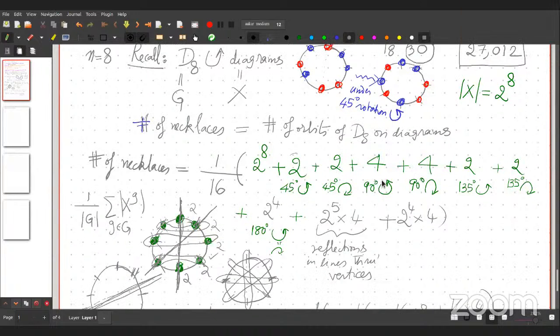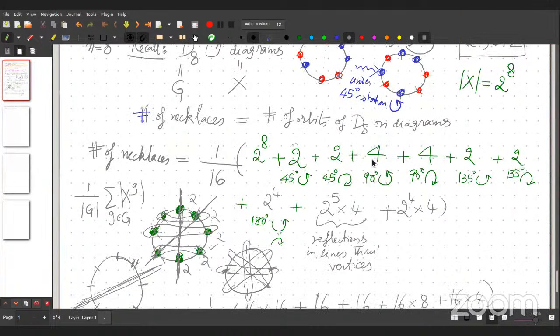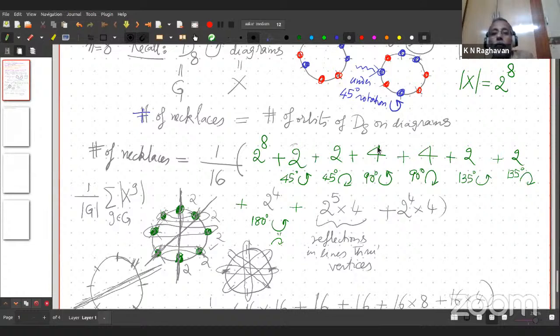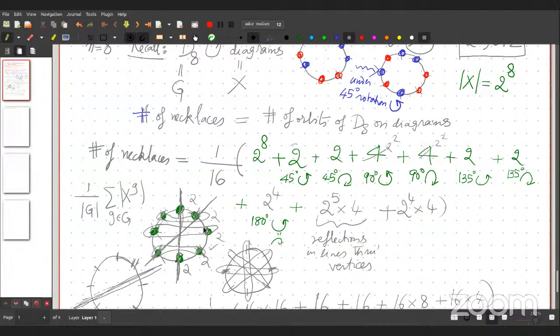Why did we get 4 here? The 4 we got because, with a 90-degree rotation, these 4 are the same and these 4 are the same. So this 4 is actually 2 power 2, and this 4 is also 2 power 2. That's the way it came. So these 4 have the same color and these 4 have the same color. Now, if you have 3 choices, what does this mean? 9, exactly.